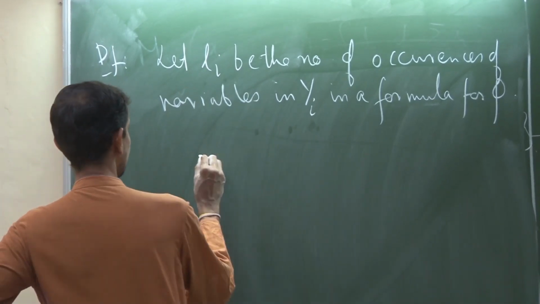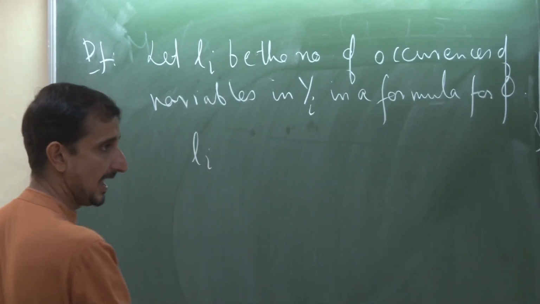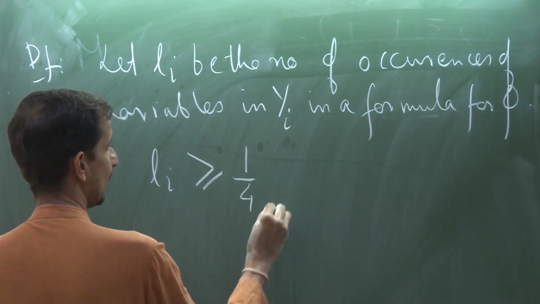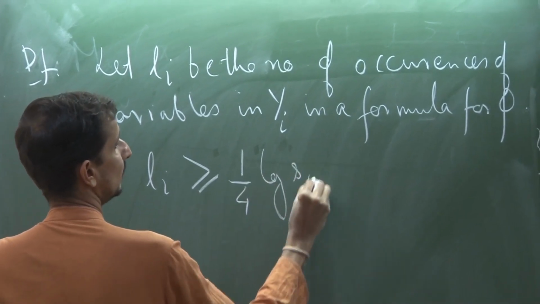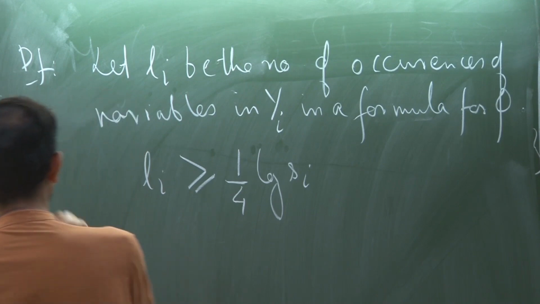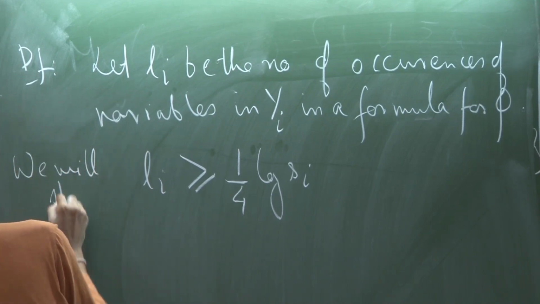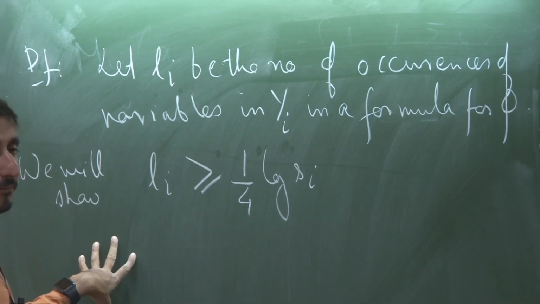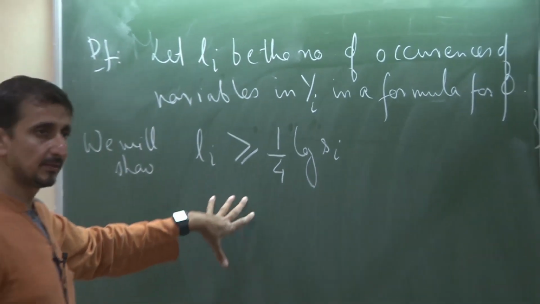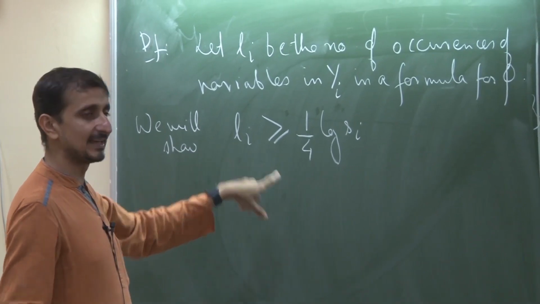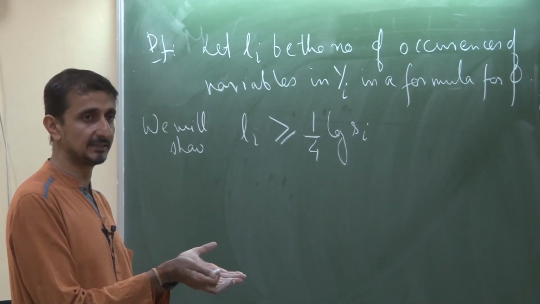What I will show is that Li is greater than or equal to 1/4 log Si. Okay. So, this is what we will show. Now, why is this sufficient? Basically if I show this for Li, now if I sum all the Li's, that is basically the total number of leaves in the tree.